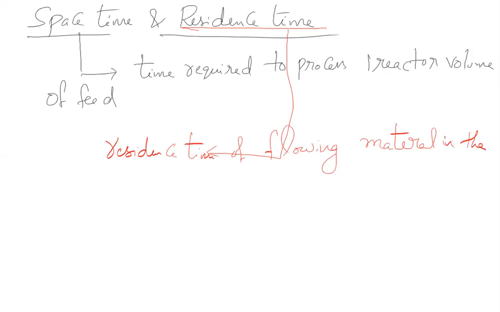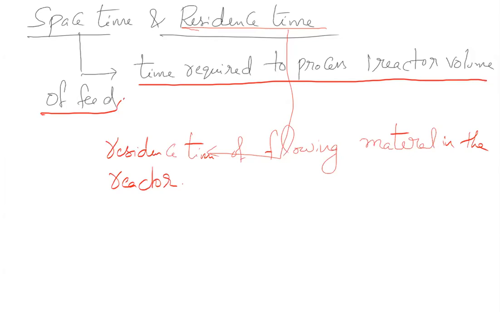A beautiful example is there in Levenspiel, which explains what the difference is between space time and residence time, or holding time. So basically space time is the time to process one reactor volume of feed. Residence time is the residence time of flowing material inside the reactor. I'll explain that example.